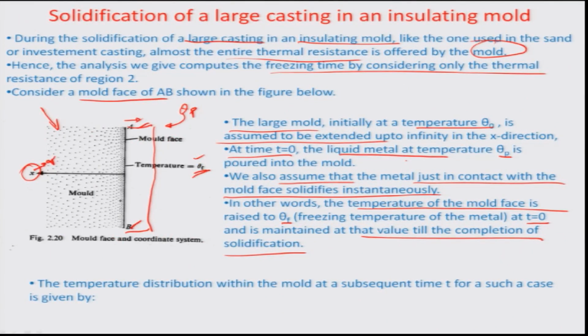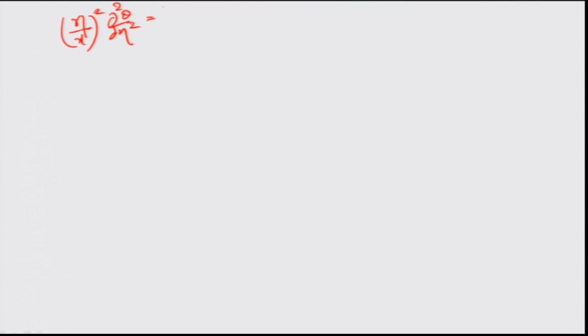So putting this value here, one by alpha times minus eta by 2 t times del theta by del eta. So having said that, it is a little simpler to solve this equation.